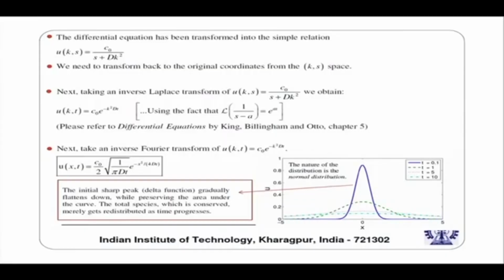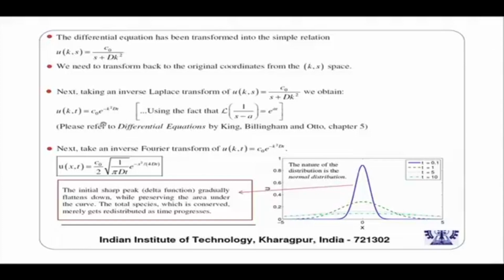So let us summarize as we go to the board. Taking an inverse Laplace transform, you will get ukt, using the fact that the Laplace transform of 1 by s minus a equals e to the power at.